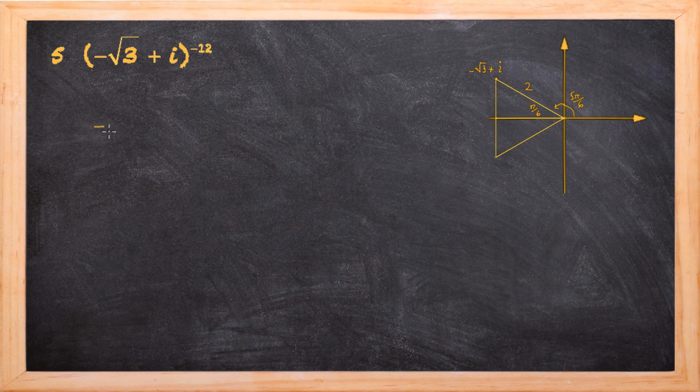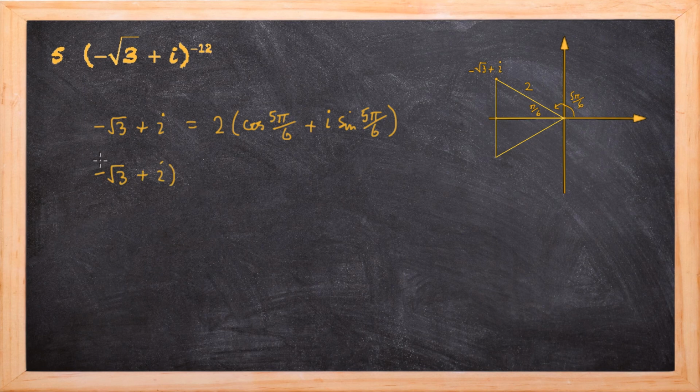We've got the Cartesian form, negative root 3 plus i, and the polar form, 2 cos 5 pi upon 6 plus i sine 5 pi upon 6. And this time we're raising the complex number to the power negative 12.